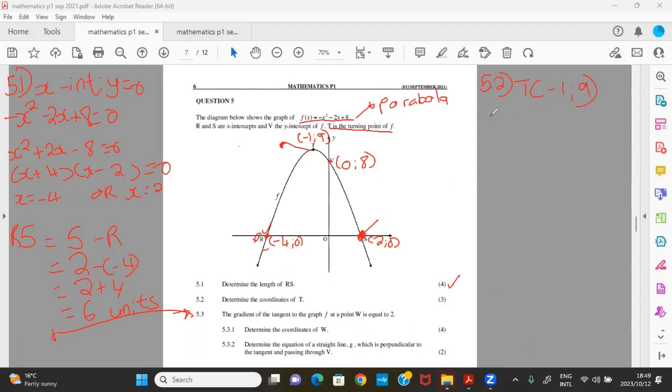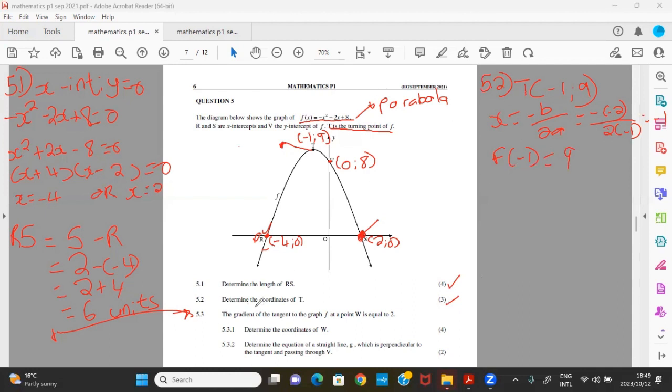But you must also show how you got it: -b over 2a, which is -(-2) over 2(-1), therefore it's going to be -1. Then my f of -1 will be 9. So you're done. Nice try, marks. Already you have collected 7.